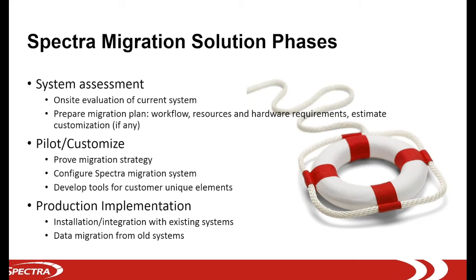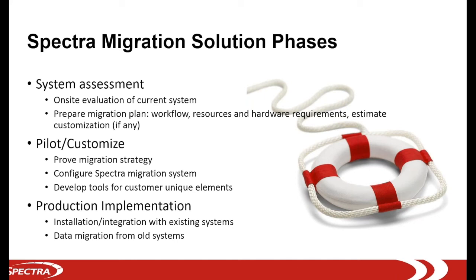Based on that first phase of the project, we will actually perform the other two parts of the project. So we will prepare a pilot and customize the system as necessary once we have the engagement with the customer. And that includes things like, we will prove the migration strategy, we'll configure the migration system, and then we will develop any tools for customer unique elements.